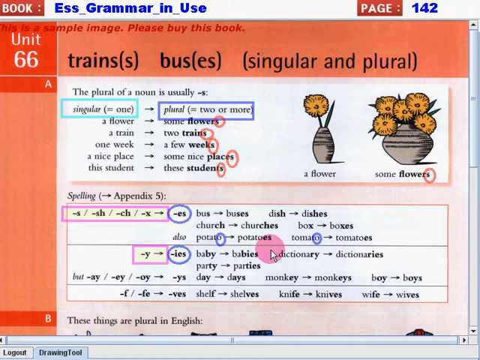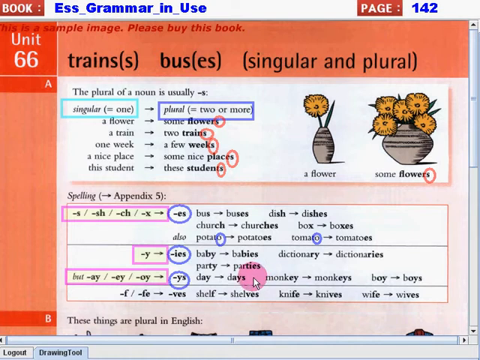But if Y has a vowel before it, for example, AY, EY, and OY, then we have to just add S. For example, day, days.